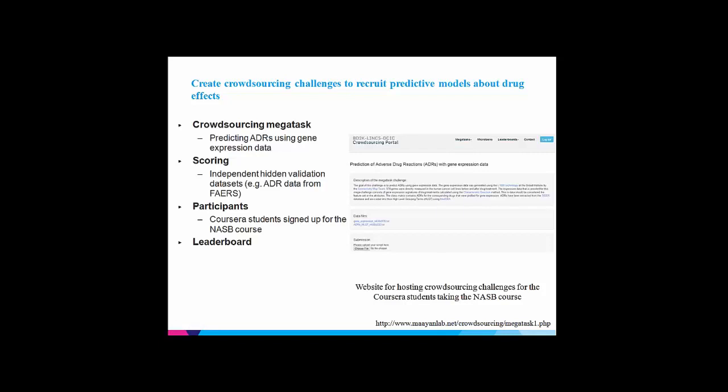However, we didn't get too many impressive submissions, so we didn't include those predictive models in our final predictions.